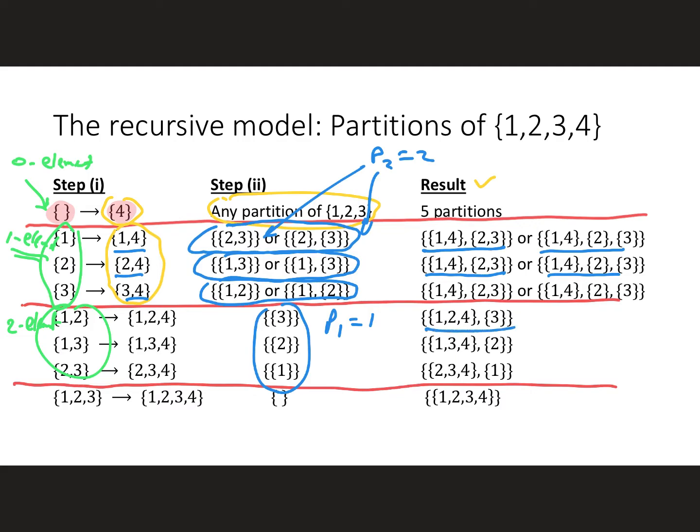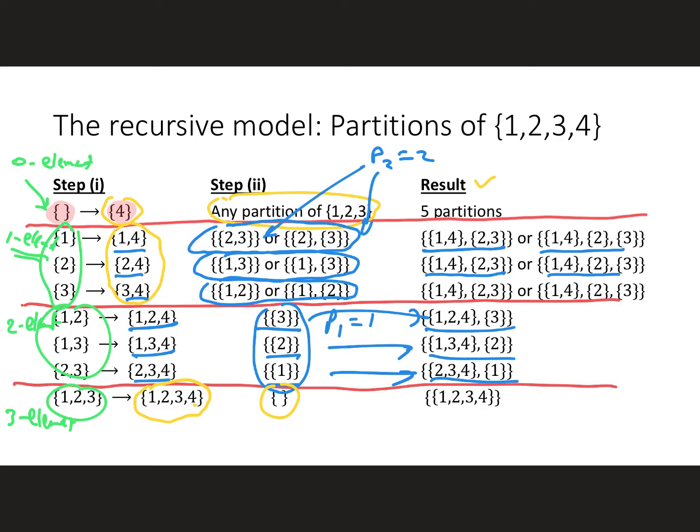And then again, this is what the result would be for combining this part with this partition, this part with this partition, this part with this partition. Each one's going to lead to this new thing. And then finally, if I picked all 3 things available in step one, then that's going to mean that the part of my partition with a 4 is going to be the whole thing, which means that there's nothing really to combine it with.